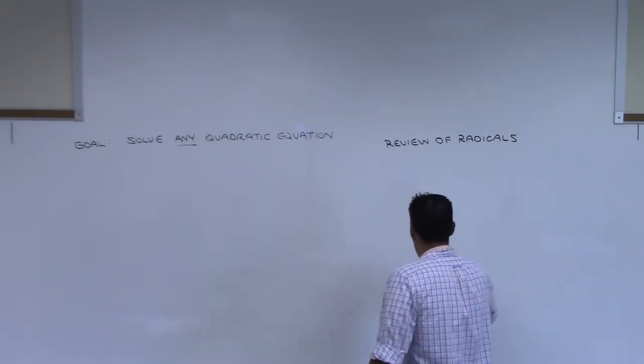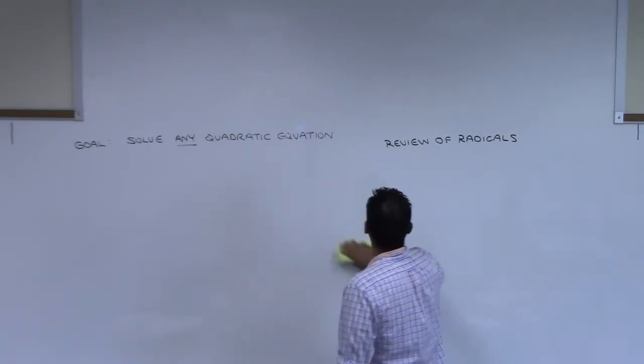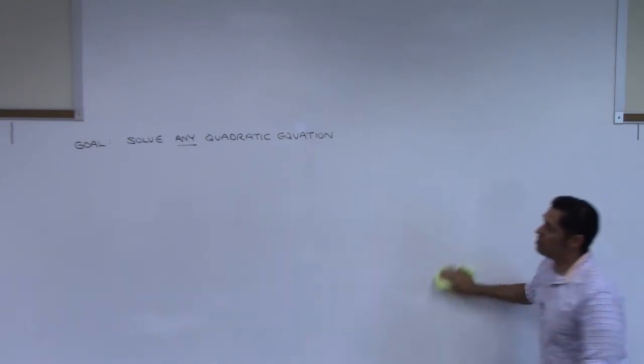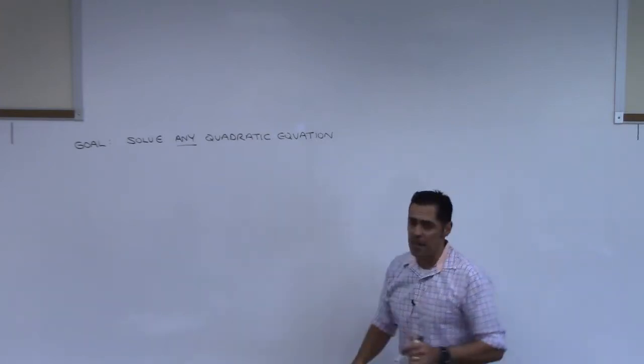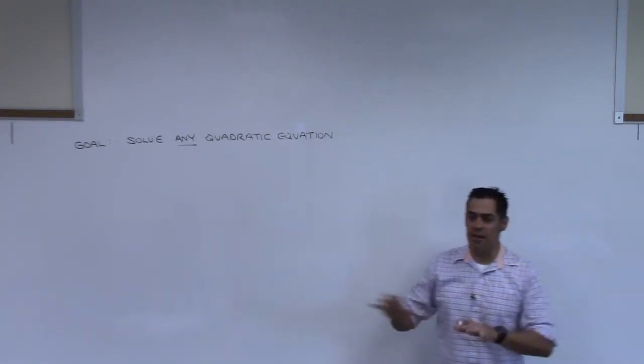So now let's get back to our ultimate goal today, which is to solve any quadratic equation. All right, so here's basically the procedure we're going to use to solve any quadratic equation.